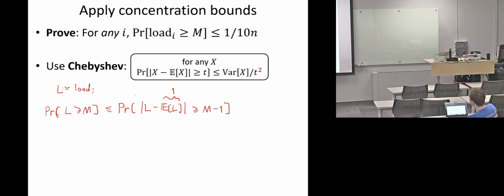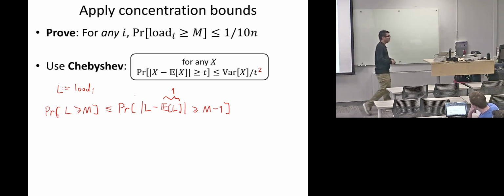So if this happens, this must happen. But I also bound the event that L goes below 1 too.